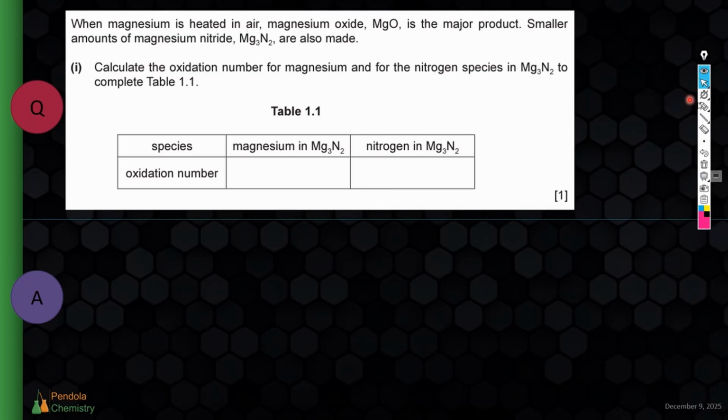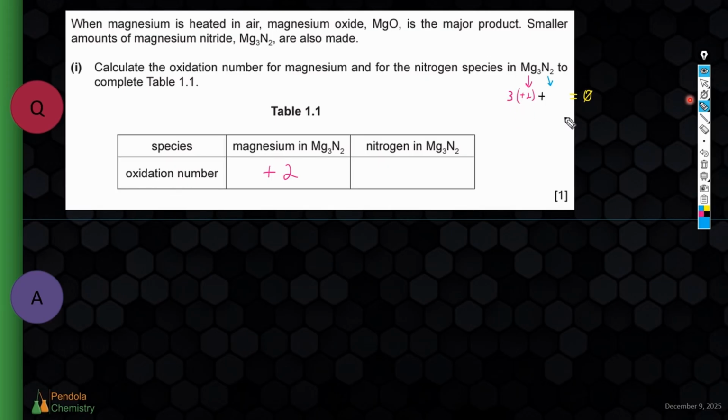So we know that magnesium here has to have a +2 oxidation number. Now, there are 3 magnesiums in total. That magnesium has to add up with the nitrogen oxidation number in order to give us, overall, a 0 oxidation number total. Why 0? Again, because this is a neutral compound. And because this is a neutral compound, the oxidation numbers have to cancel out.